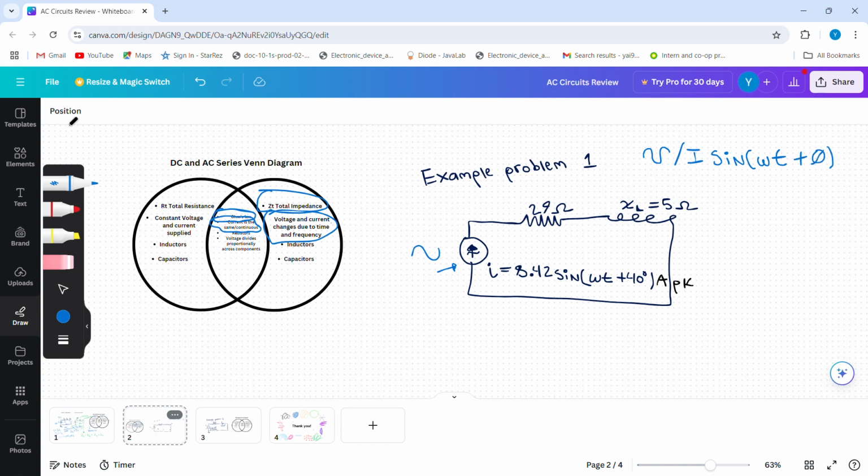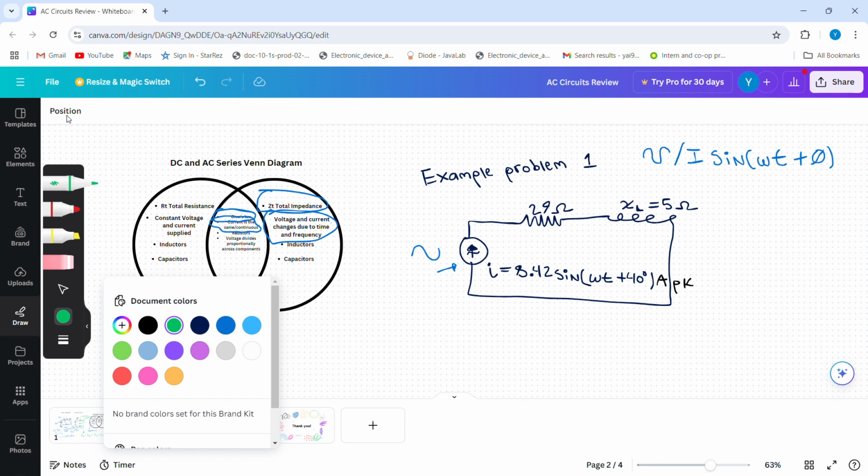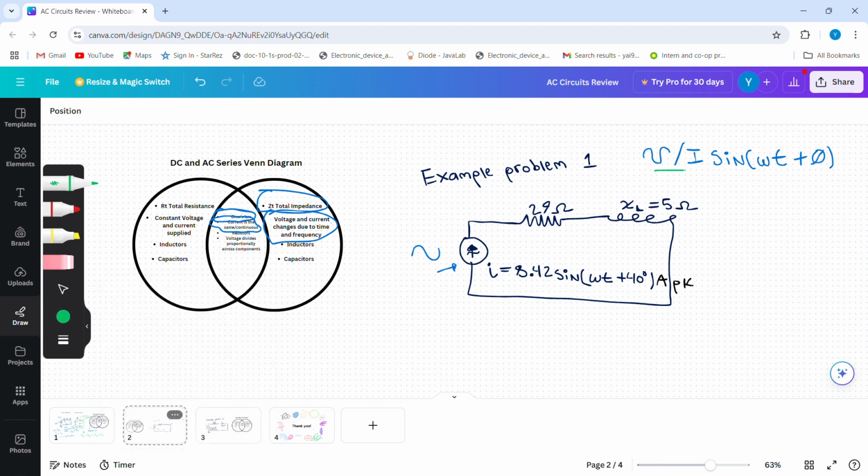And that's typically our sinusoidal equation. To explain these in different terms, we can break down each part. The V or I, this is always a value and it's a magnitude. It's representing how much voltage or how much current we have, and then it's multiplied by the sine wave, so that's how much it's fluctuating.